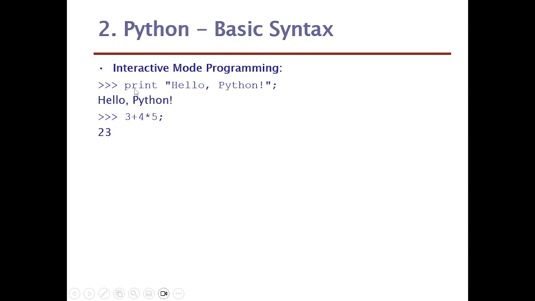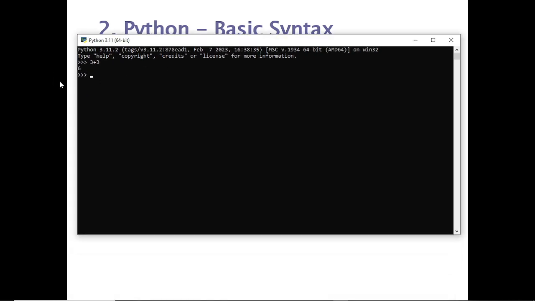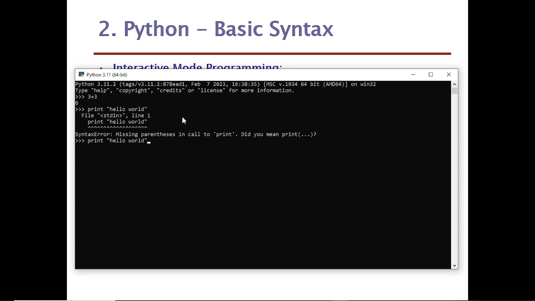So once you tell the program, for example, you just type this one. Okay, print, for example, print hello world. So once you run this program, okay, we have the stdin. Okay, we have an error here.